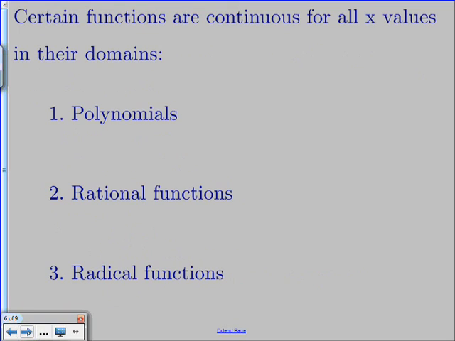And next we're going to talk about other types of functions. So certain functions are continuous for all x values in their domains. And the first type of these is polynomials. And polynomials, an example of those would be x squared plus 2x minus 15 is equal to f of x. That's a polynomial. Polynomials are continuous everywhere. So you don't have to worry about those.